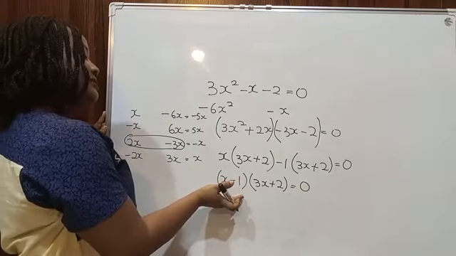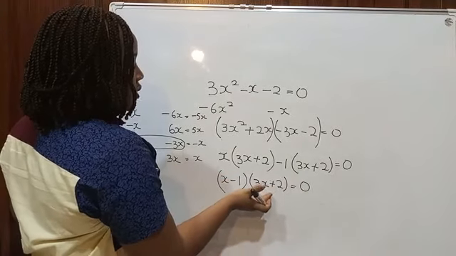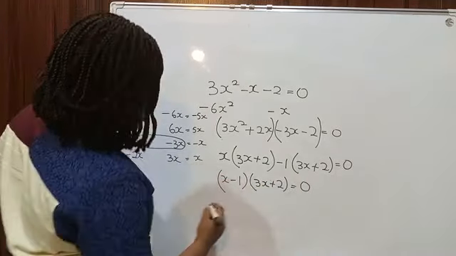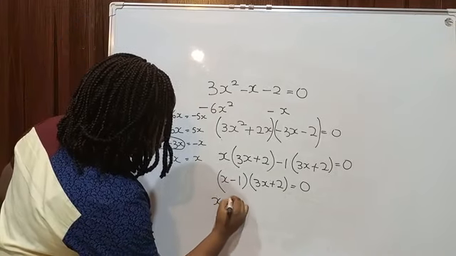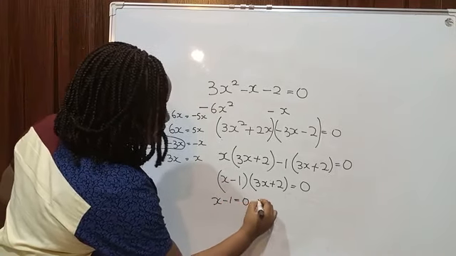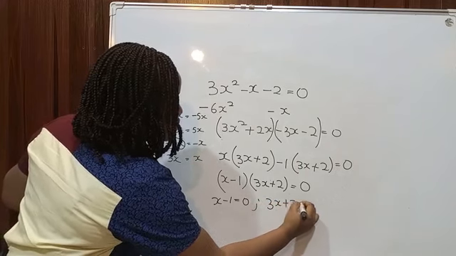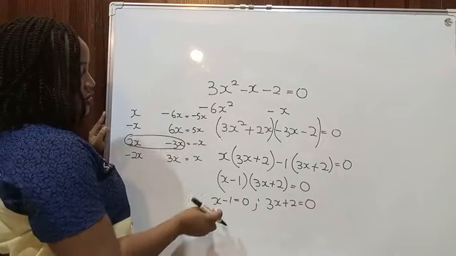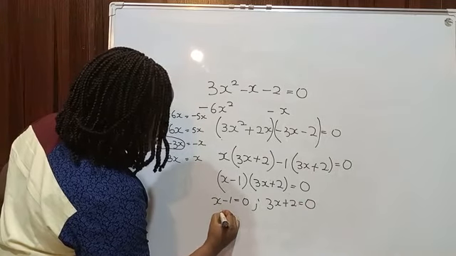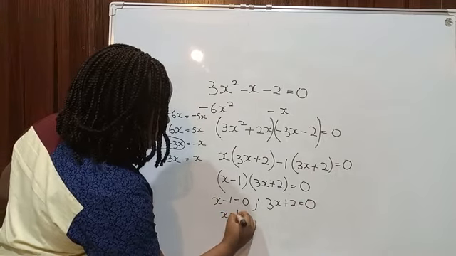So it's either x minus 1 equals 0 or 3x plus 2 equals 0. So x minus 1 equals 0 gives us x equals 1.